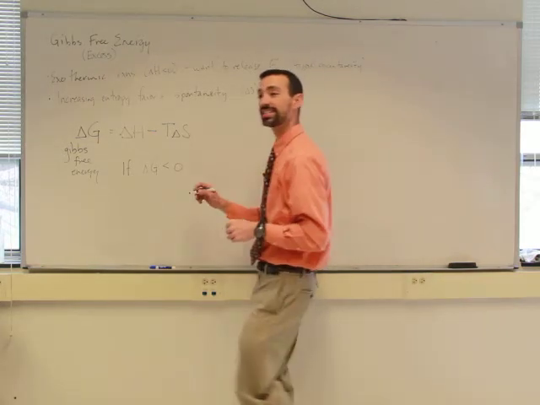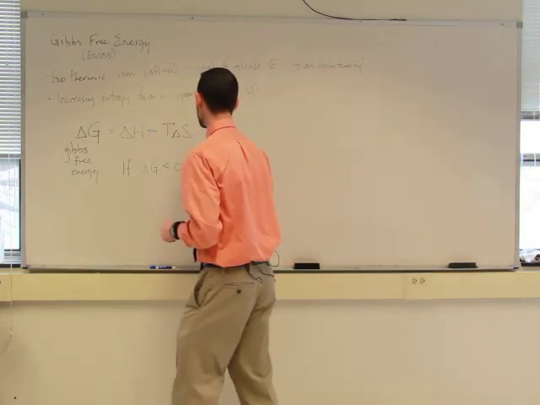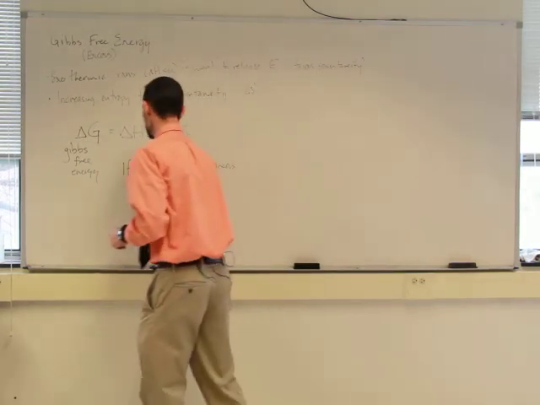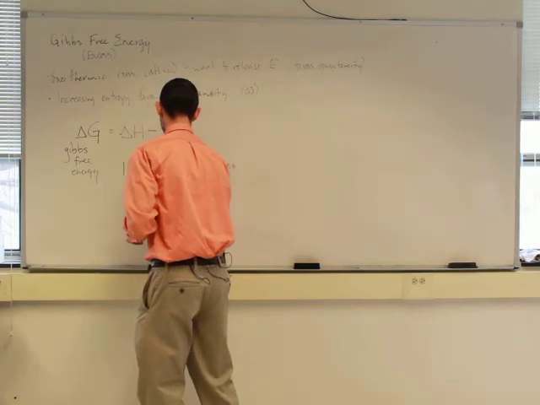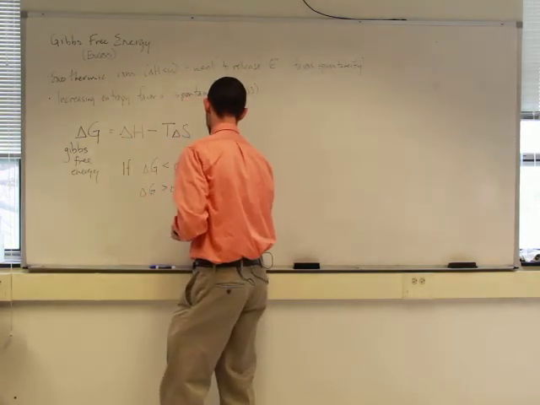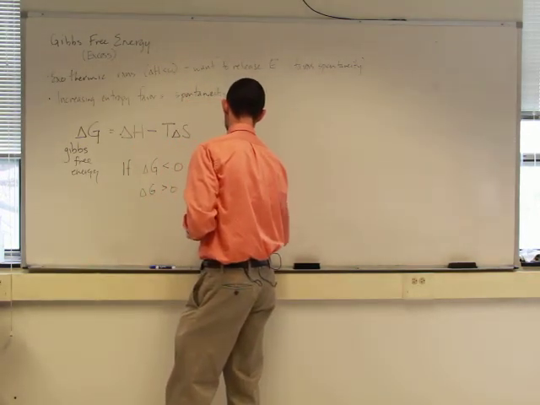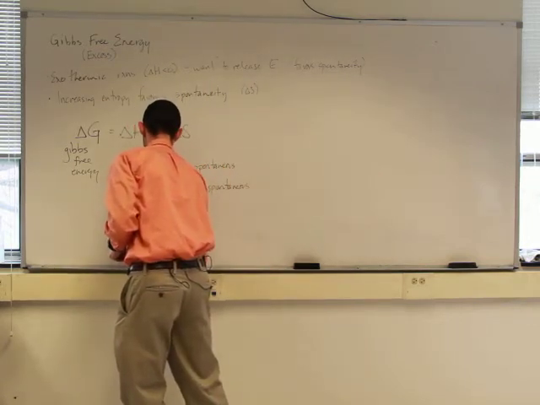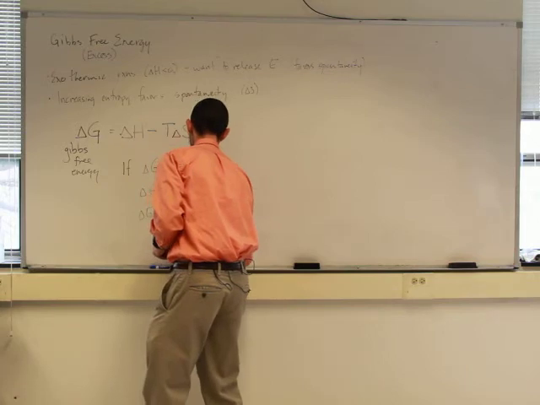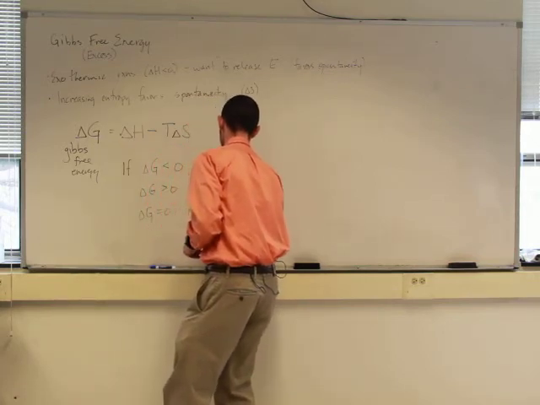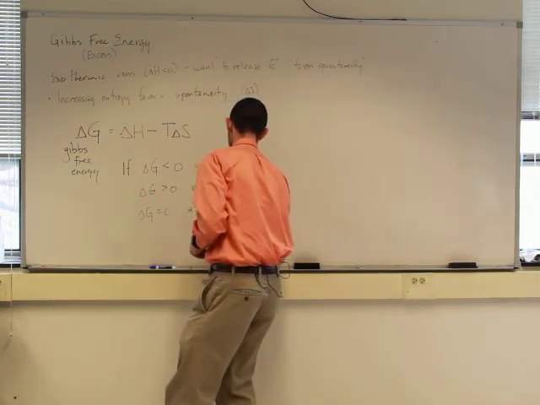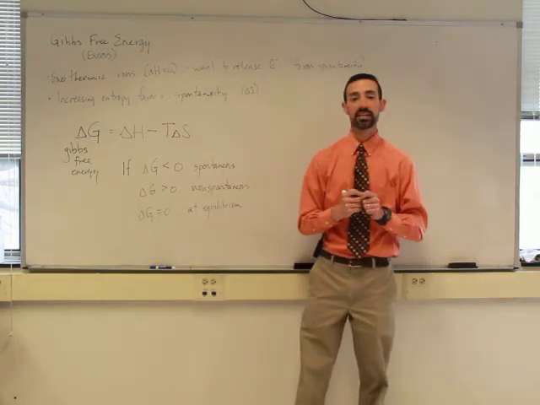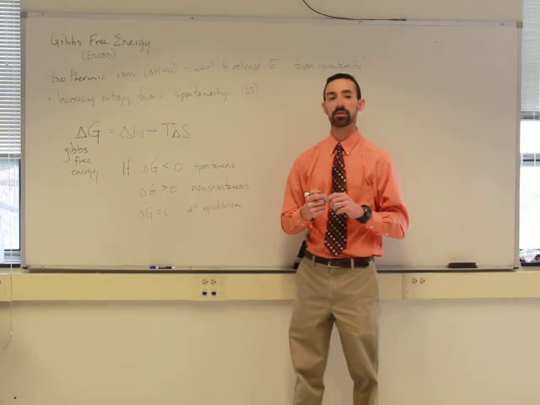If delta G is negative, the reaction is going to be spontaneous. If delta G is positive, the reaction would be non-spontaneous. And if delta G is 0, the reaction is at a condition of equilibrium, potentially changing from being spontaneous to non-spontaneous or the opposite. Okay?